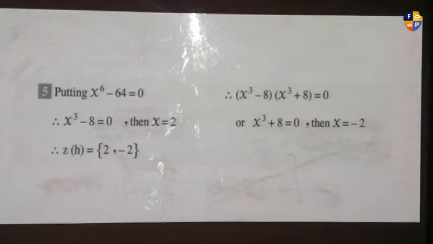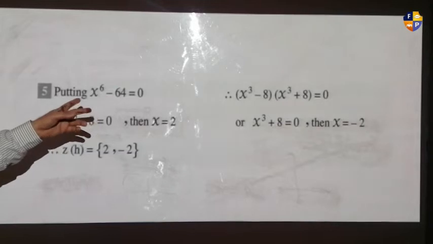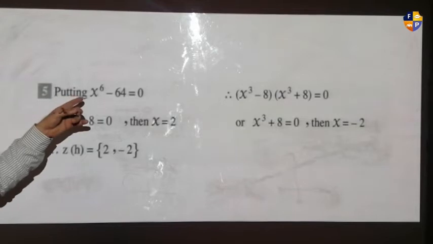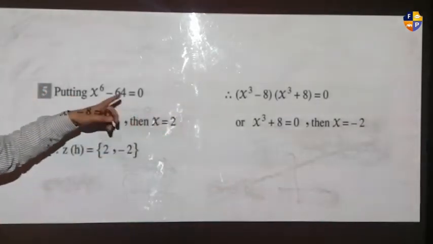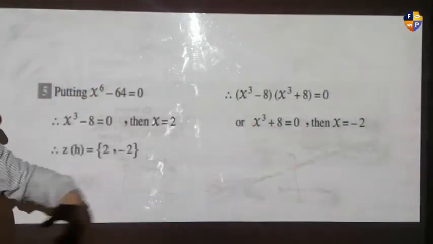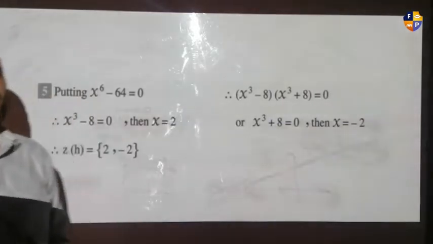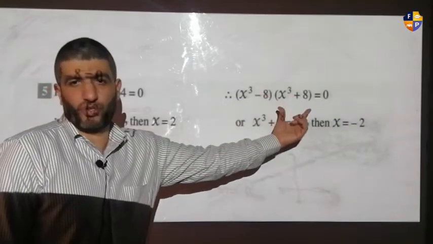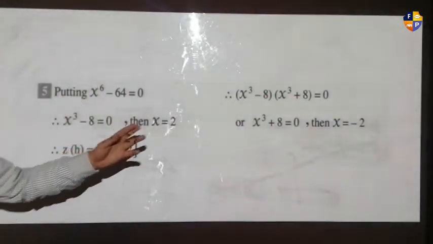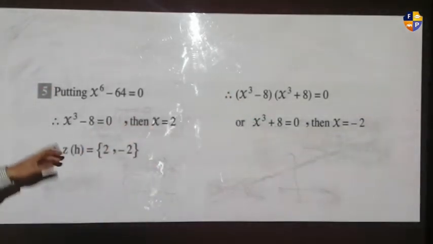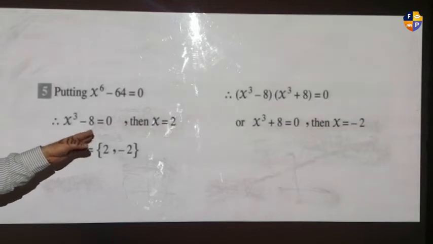Number 5, x power 6 minus 64 equals 0. We can factorize by difference of two squares, taking square root of the first x power 3 and square root of the second 8, one positive and the other negative. x power 3 minus 8, we can remember these factorizations in prep 2, the difference of two cubes and the sum of two cubes. x power 3 minus 8 equals 0, then x equals 2.